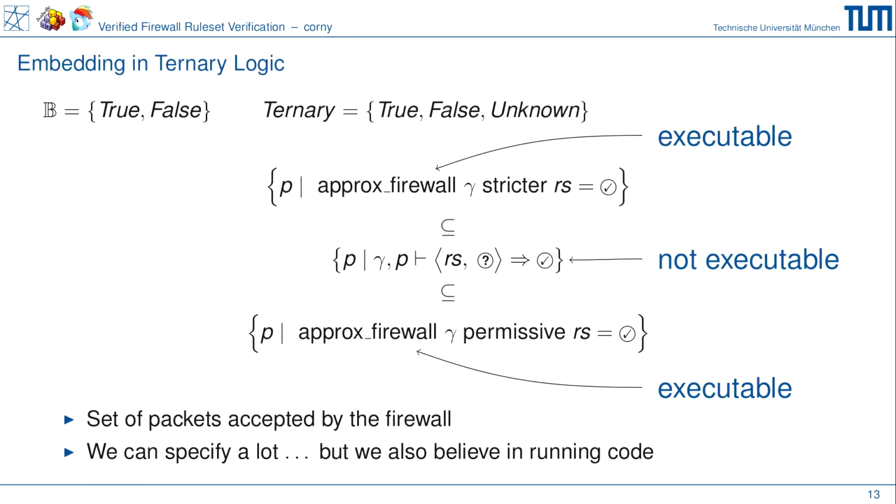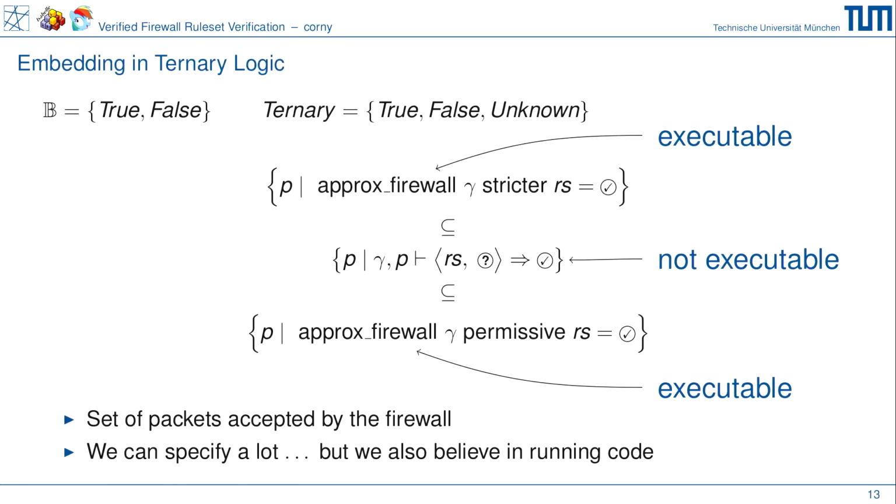So here we have an approximation embedded in ternary logic, and, well, we have proven that this is a sound approximation which makes the firewall stricter. So basically this firewall may accept less packets than the original firewall, and on the set on the bottom we get an over approximation, which essentially makes the firewall more permissive. This firewall may accept more packets than the original firewall.